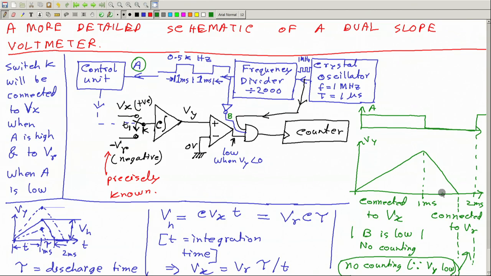And now one more functionality you may require: at this moment, when the counter starts, at this instant, we may need to reset the counter.